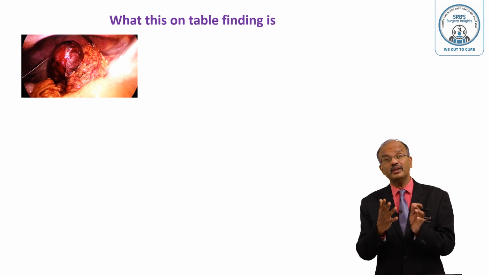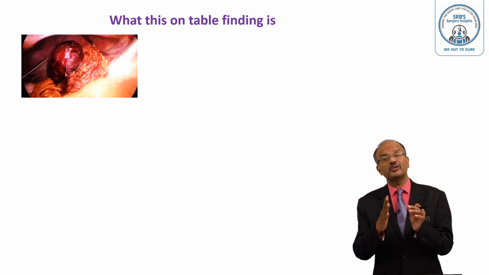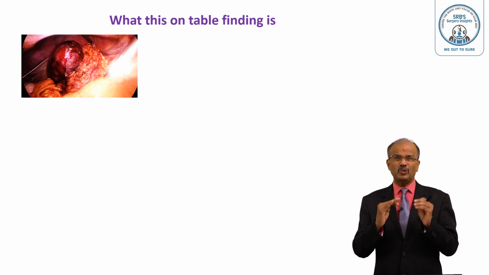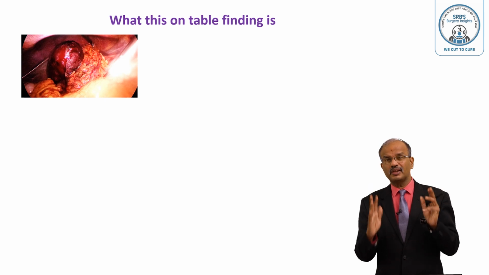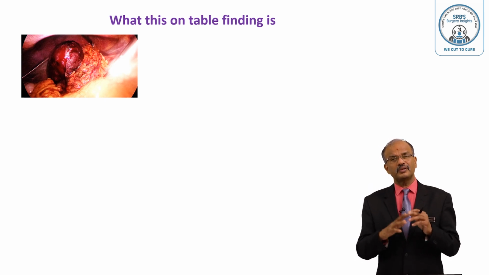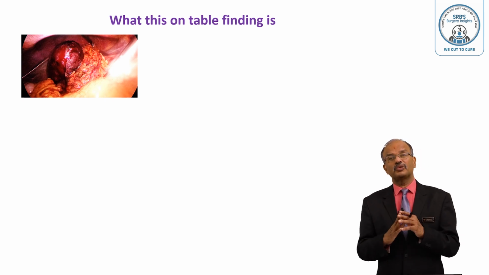In such a situation, instead of doing an adventure and injuring the common bile duct or CBD, you had better convert into open cholecystectomy safely and do the formal procedure. But remember, most of the time, current laparoscopy surgeons or well-trained general surgeons, with careful dissection, will be able to remove the gallbladder laparoscopically without any harm.